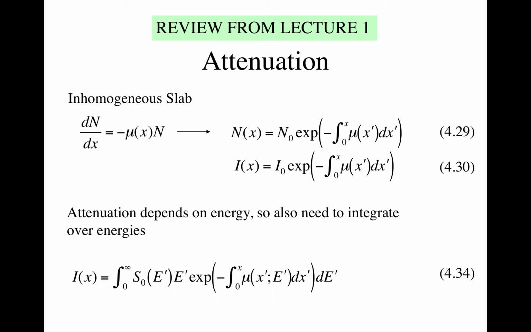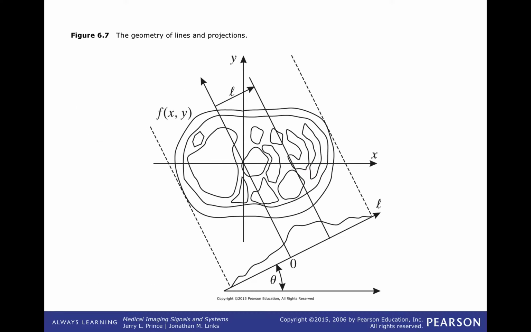So to completely map out that energy spectrum turns out to be a bit of an ordeal. So oftentimes when we're doing the math of CT, we just assume we have monoenergetic X-rays, and make life a lot easier. Then if we do everything for monoenergetic X-rays, all I have to do is repeat it 10 times, once for each of those energies, and then add those up, and that'll give me my final image, right?